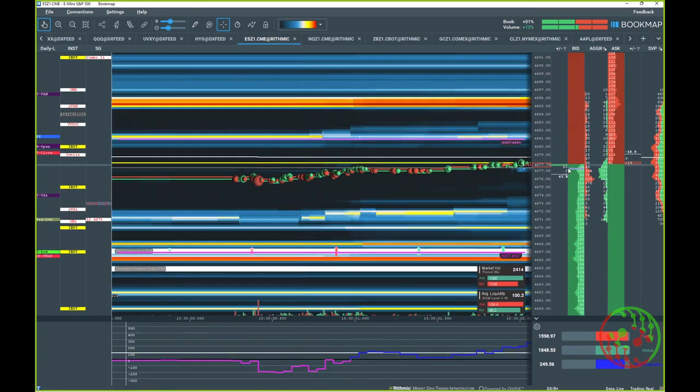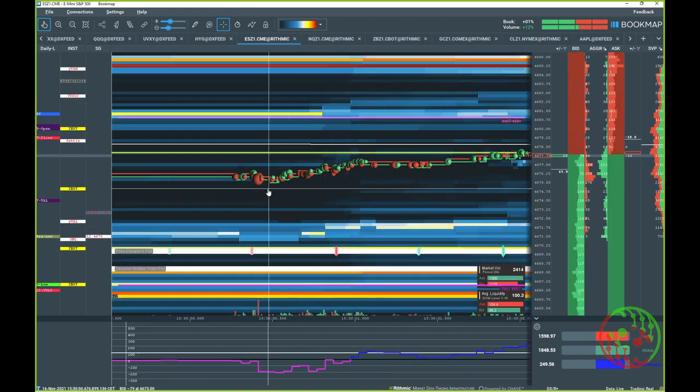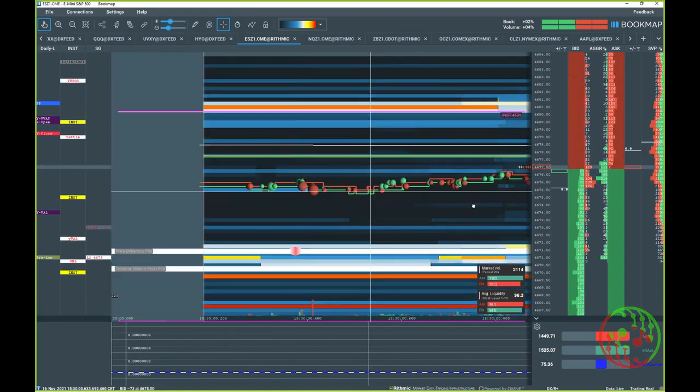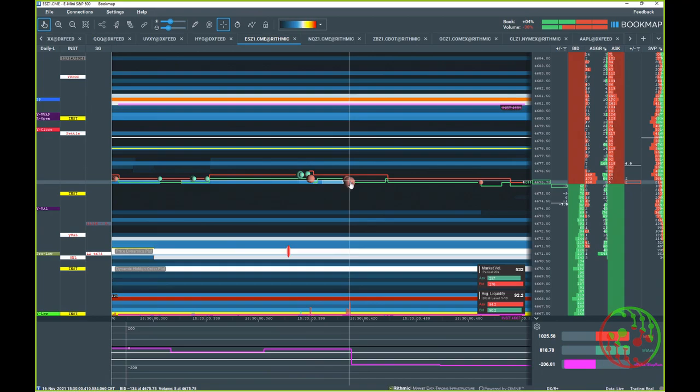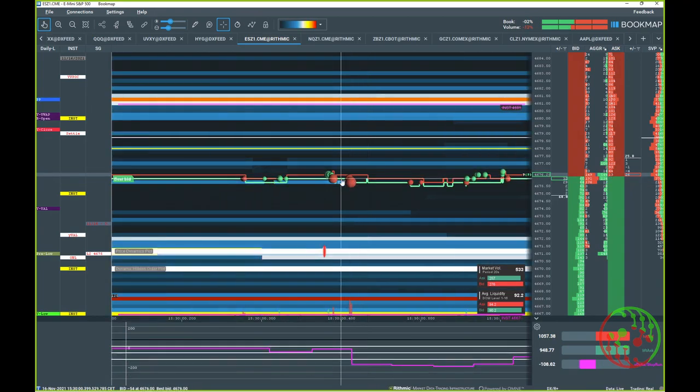So from my point of view, that's by no means a stop run. That's simply a high volume absorption at bid at 75. We are talking about 76.25 and 76 even here.